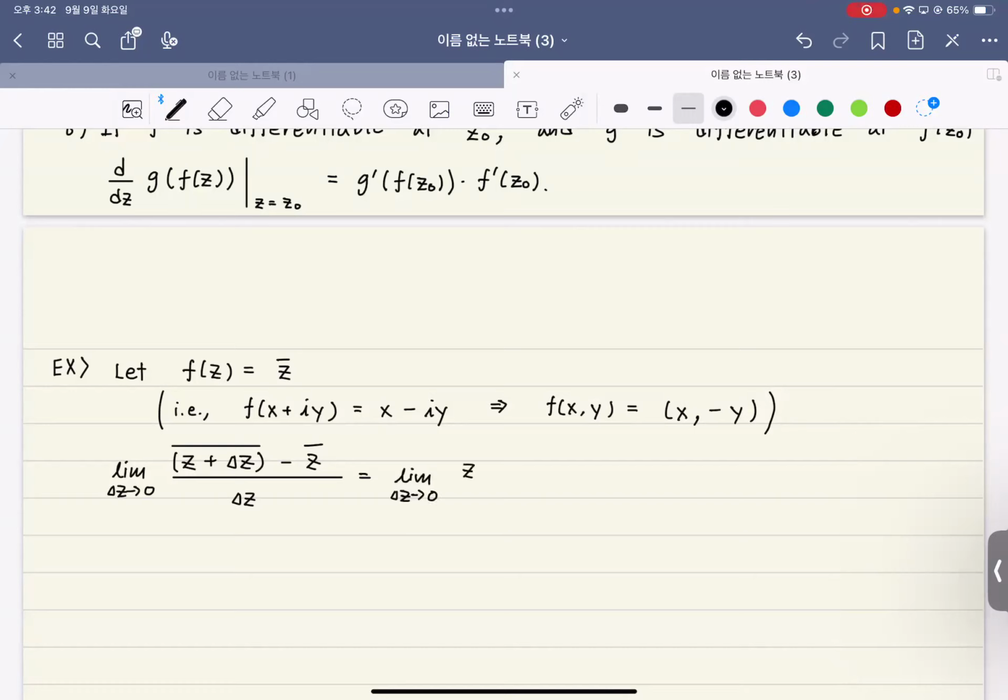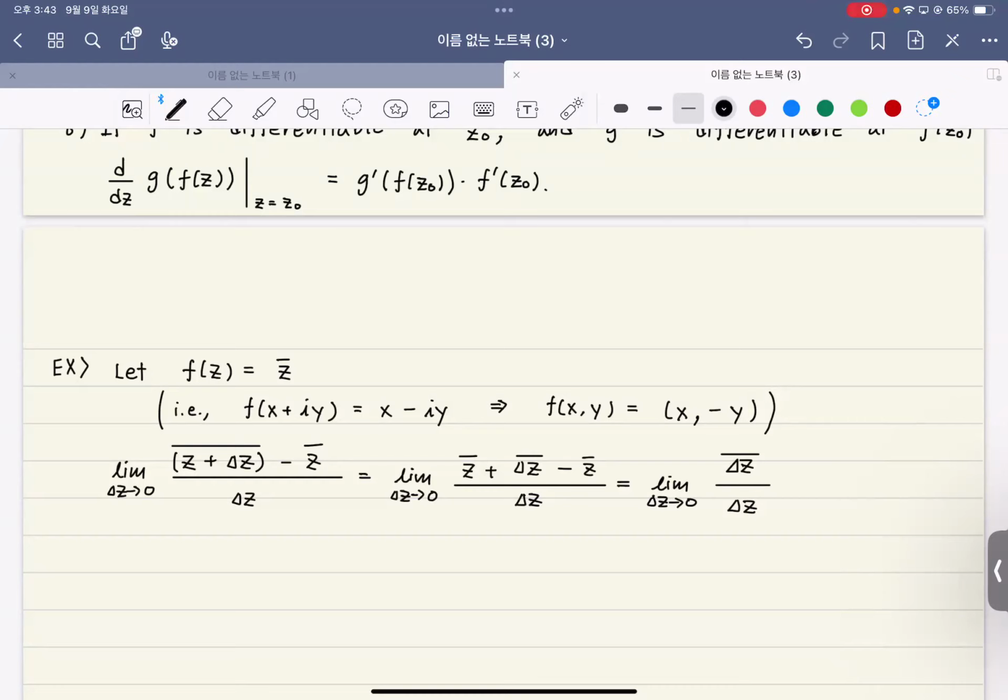So I say z bar plus delta z bar minus z bar over delta z, which is just delta z bar over delta z. So now we are supposed to analyze whether the limit of this exists or not. And I want to claim that the limit does not exist.